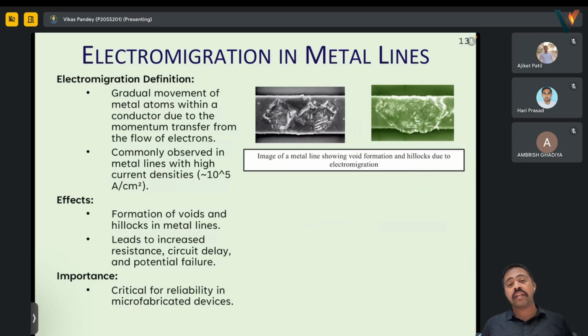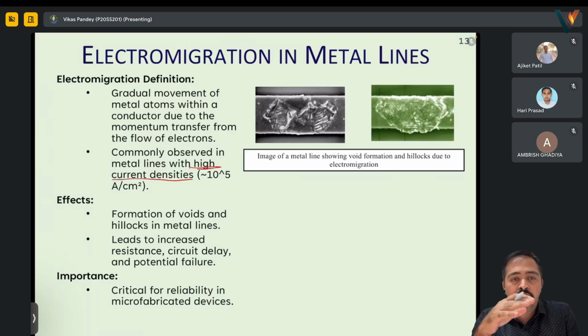And the second problem is electromigration in metal lines. That is, the gradual movement of metal ions within a conductor due to momentum transfer from flow of electrons. This is commonly observed in metal lines with high current densities. If we are flowing very high current, like the current density is too high, then we can have something called electromigration.